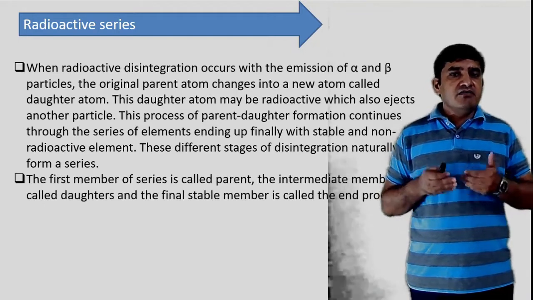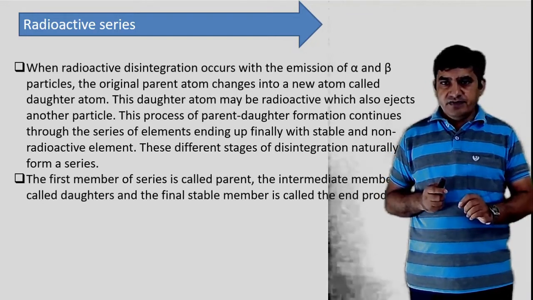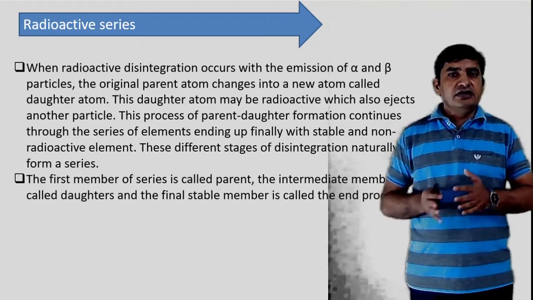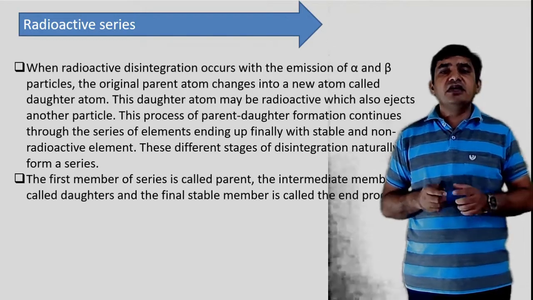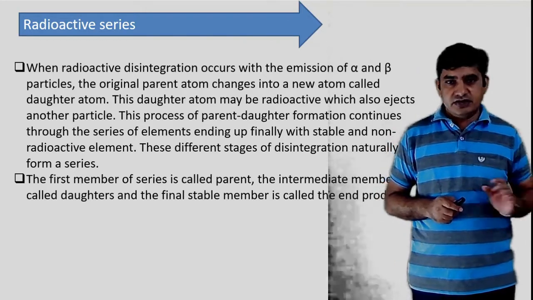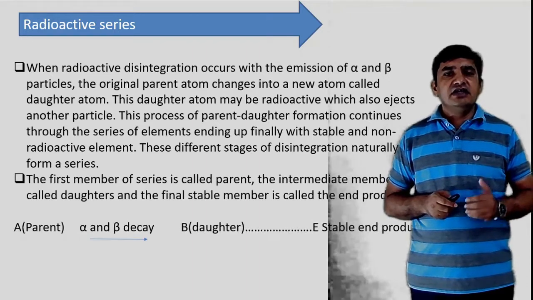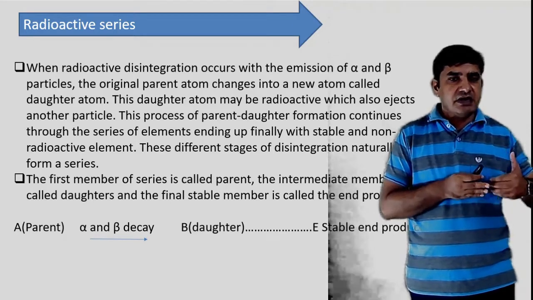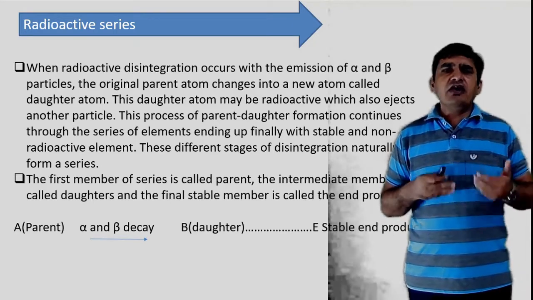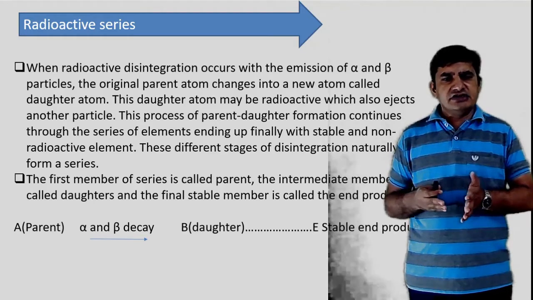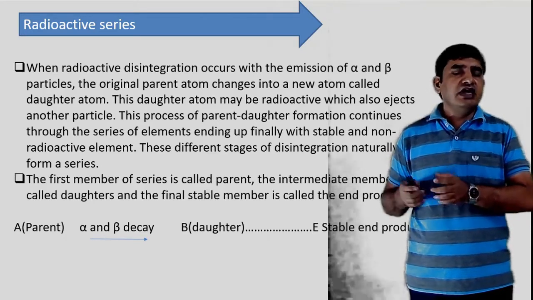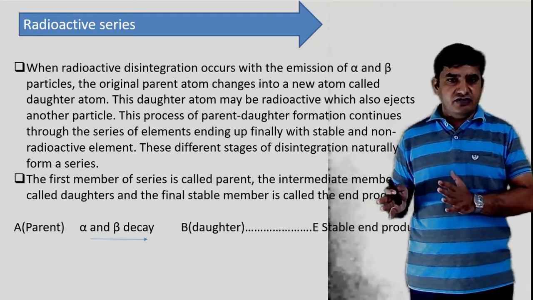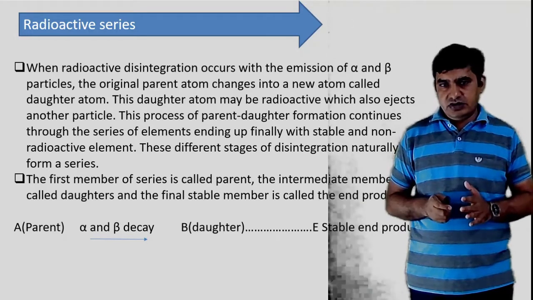So the first member of the series is called the parent, the immediate members are called daughters, and the final stable member is called the end product. If you consider A as one of the radioactive elements, this is known as the parent. Decay by alpha and beta particles gives element B, which is also radioactive, known as the daughter.